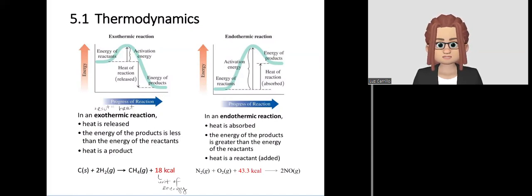In an exothermic reaction, the energy of the reactants is going to be higher compared to the energy of the products. So if we plot the energy of the reactants versus the energy of the products, we see that difference in the position in the curve.